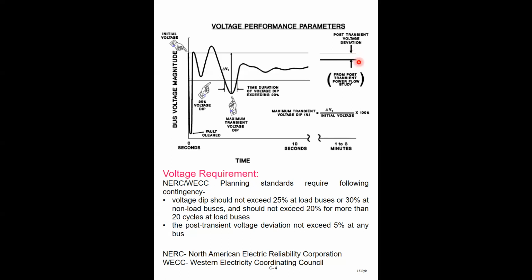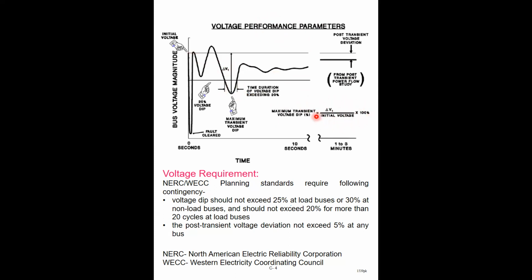That is possible. So these are some of the terms which we call performance parameters here. We say what is the maximum transient voltage dip, what is this value, and what was the initial value?